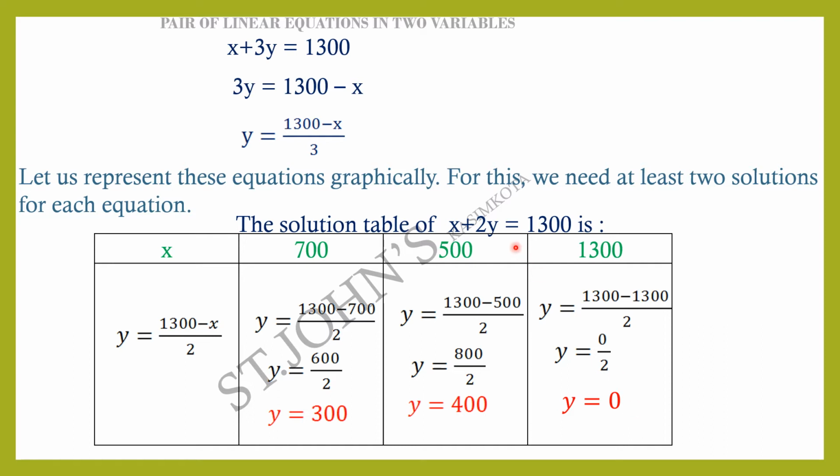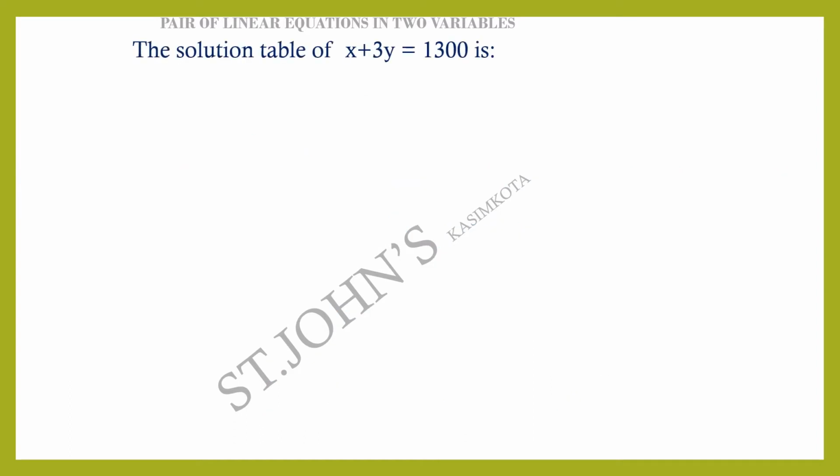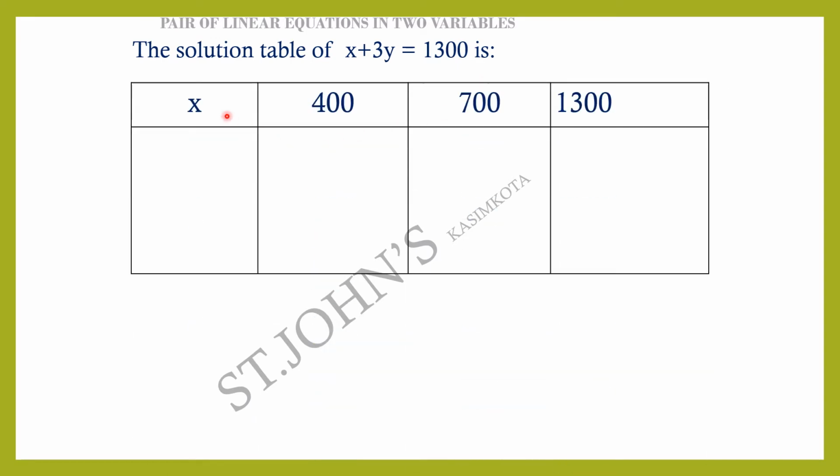Now you have to write the solution table of the second equation, x plus 3y equals 1300. The solution table of x plus 3y equals 1300 is in the same table format. I have to take 3 or more x values, so 400, 700, 1300.